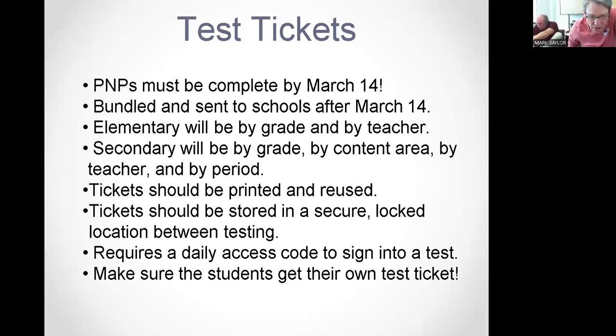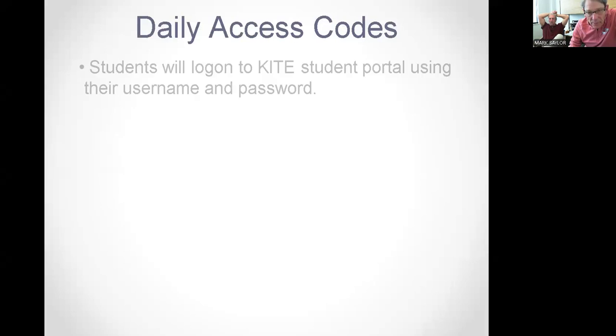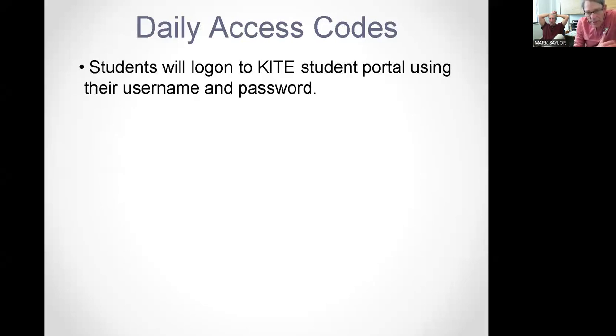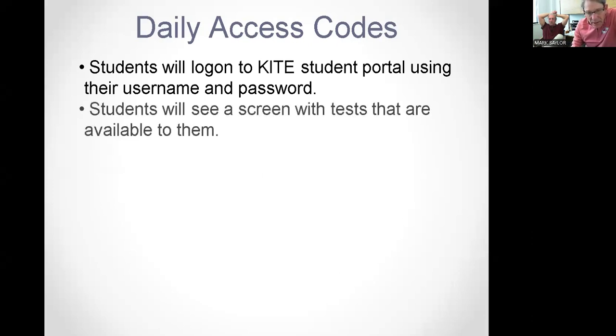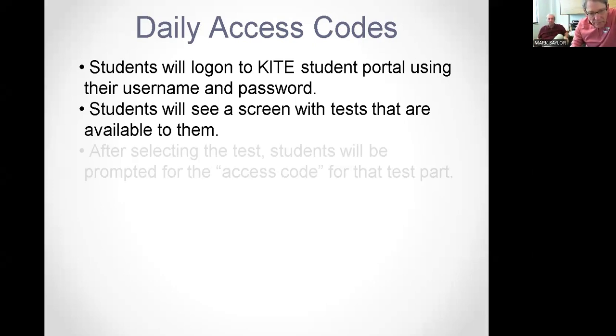To activate a test requires a daily access code. Make sure your students get their own test ticket. Mark will send you the daily access code to the test coordinator for each subject for each day. So students log into the Kite portal using their username and password, and then you'll see a screen that shows which tests are available to them.